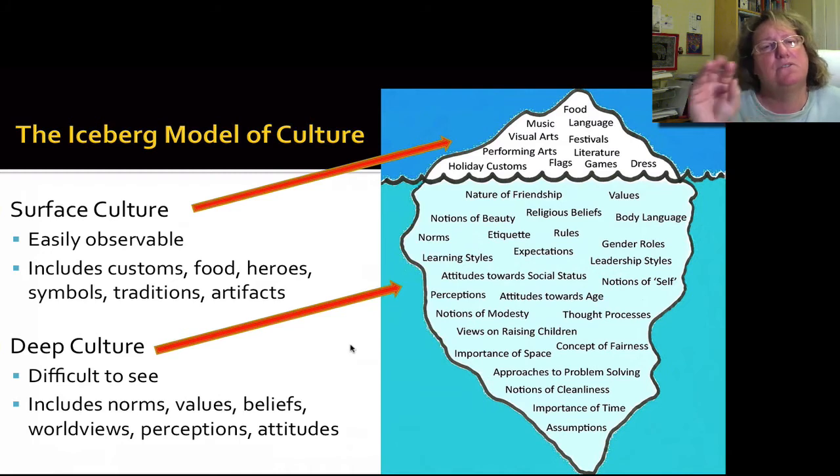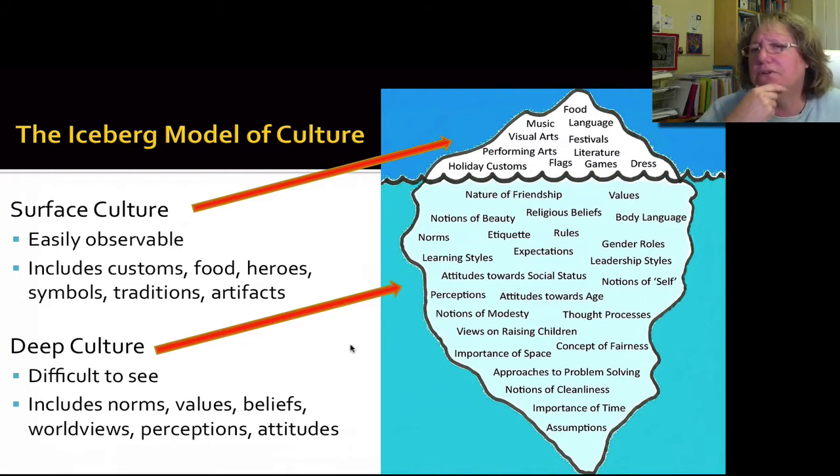So it's the surface culture and deep culture that I want to draw your attention to. Most people know the surface, and I'm wanting to stretch students' understanding from the easily observable surface to the deep culture. On the surface are things like music, art, customs, heroes, and holidays.